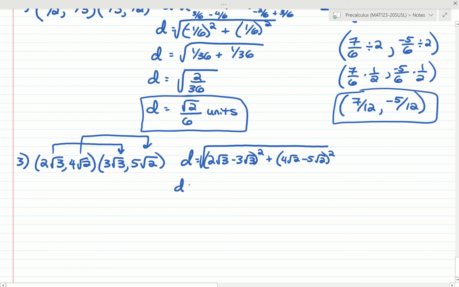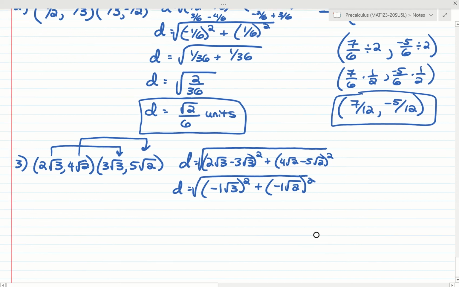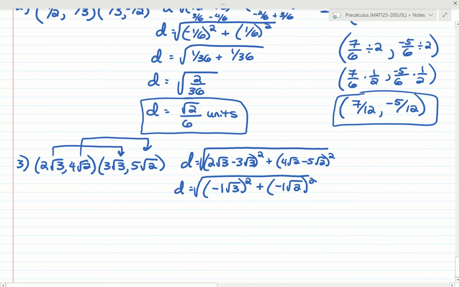So this comes out to 2 root 3 minus 3 root 3 is negative 1 root 3. 4 root 2 minus 5 root 2 is negative 1 root 2. Now when you're squaring this, remember, anytime you're multiplying, you could distribute the power. So negative 1 squared is 1.